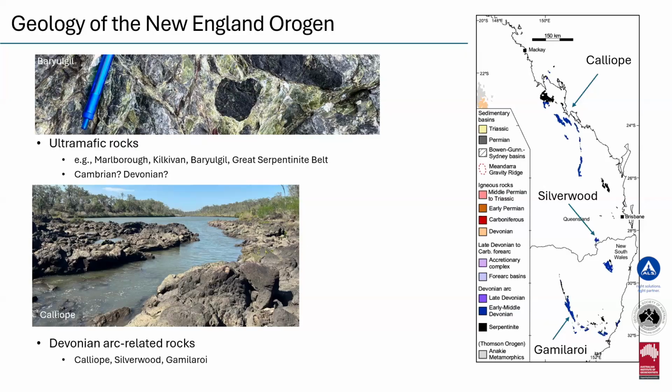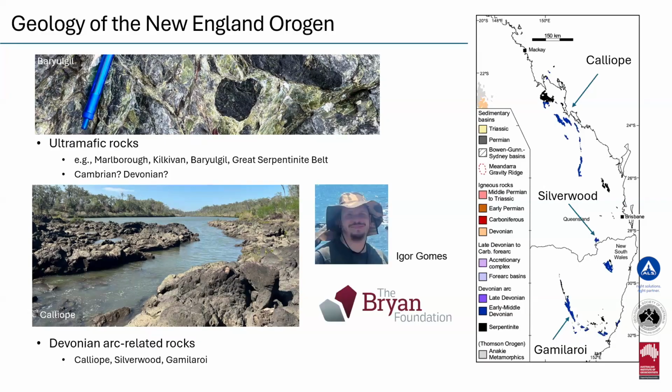These are early Middle Devonian rocks that are arc-related, volcaniclastic rocks, relatively primitive in composition, so more mafic in composition. They've been described as island arcs in the past. They are found here in Queensland, Calliope province, in southeast Queensland, Silverwood, and northern New South Wales, and in the New England Orogen terrane. And Igor, who is here as well, is doing his PhD on that topic, sponsored by the Bryan Foundation.